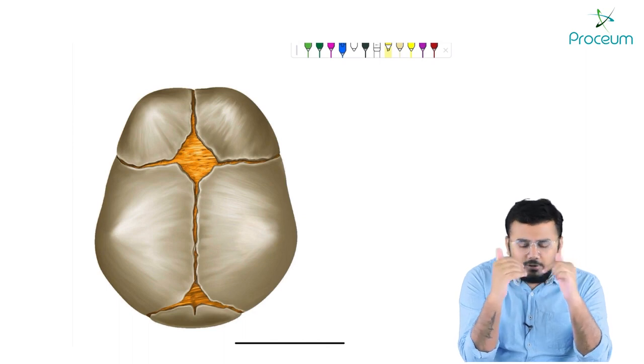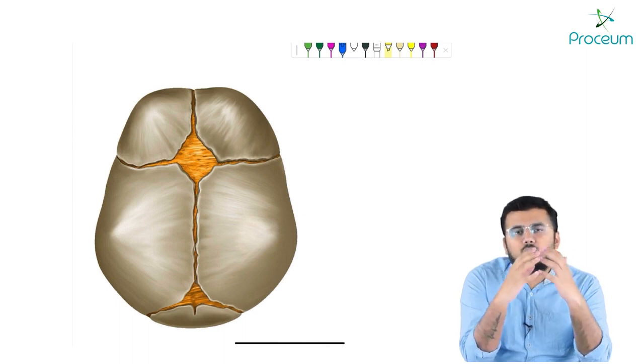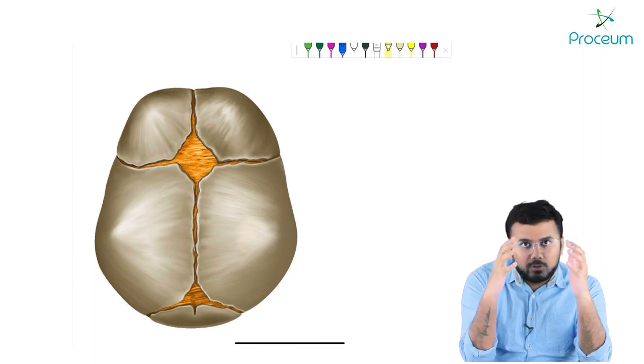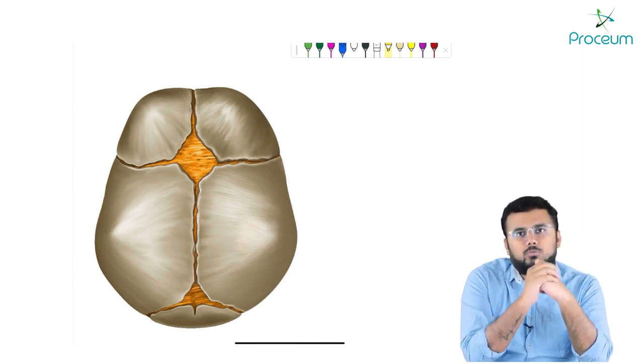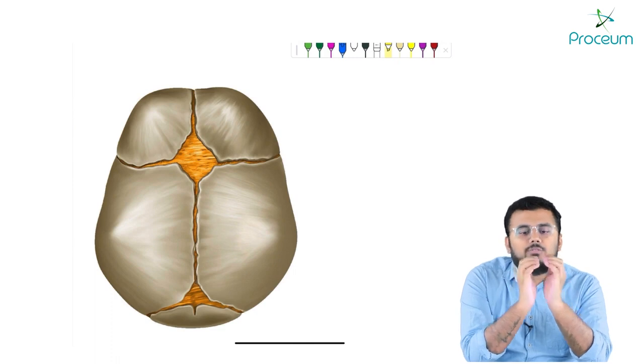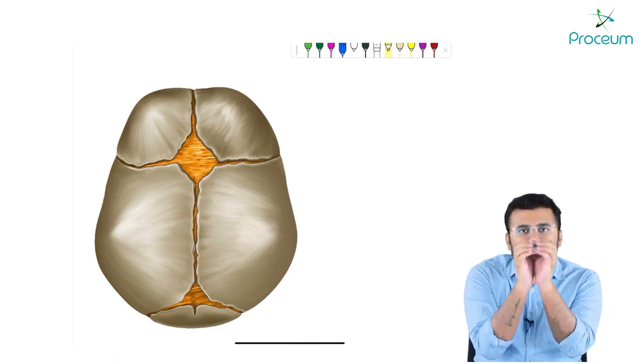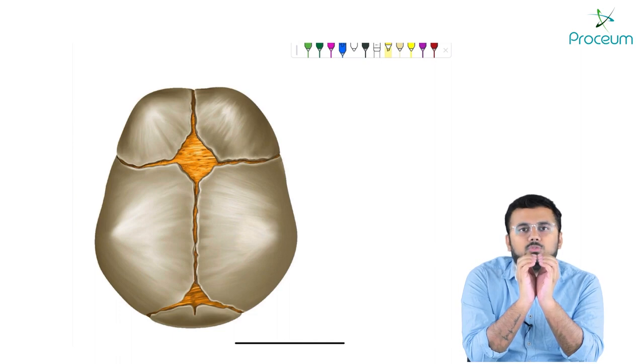So we need sutures because they allow growth of the brain along with growth of the skull bone. If there is a suture like this, a gap between the bones, and my thumb represents the brain, then as the brain develops it pushes the cranial bones.